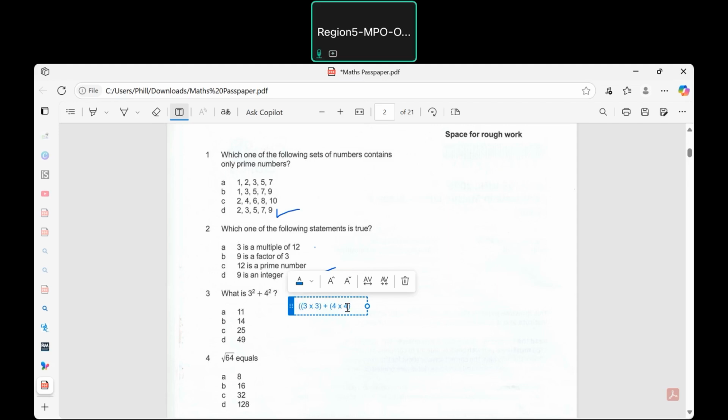All right. Now, if we work that out, 3 times 3 is 9, plus 4 times 4 is 16, and that would give us a total of 25. So the answer there would be C, 25.